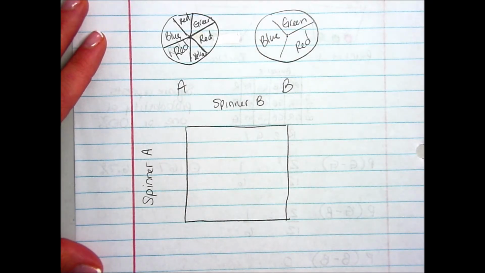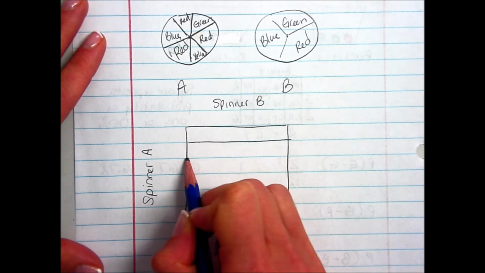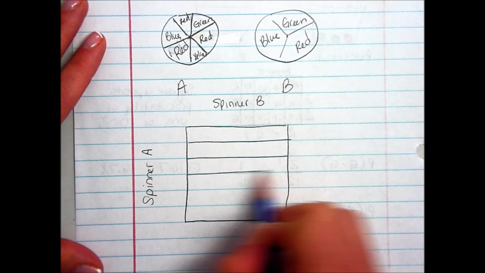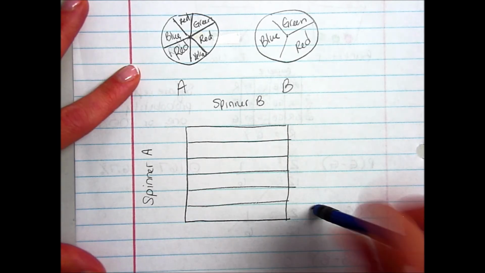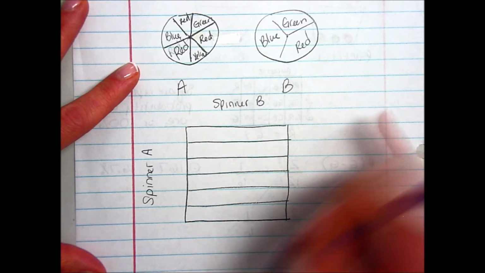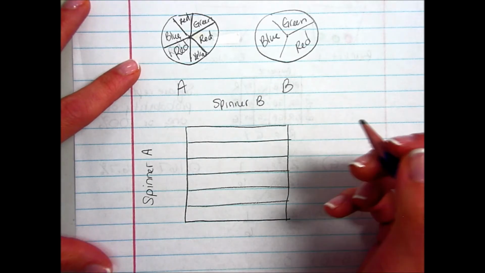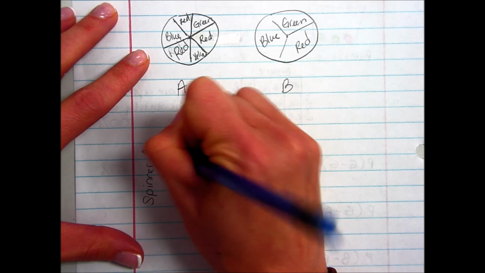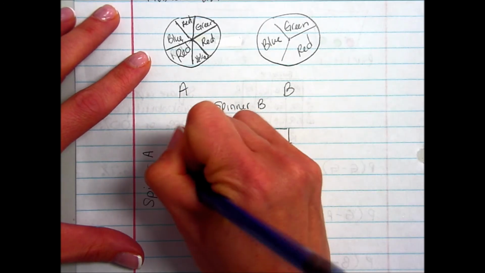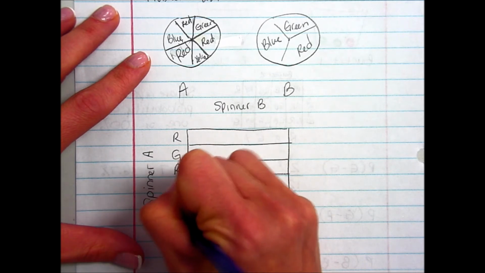Alright, spinner A has 6 sections. It's got a red, a green, another red, a yellow, another red, and a blue.